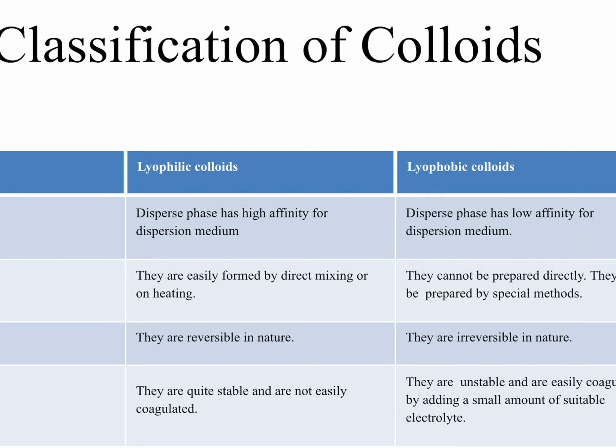What this electrolyte does is it usually neutralizes the charge present on the dispersed phase. We discussed that colloids are stable because all the dispersed phase particles carry an identical charge, either positive or negative.